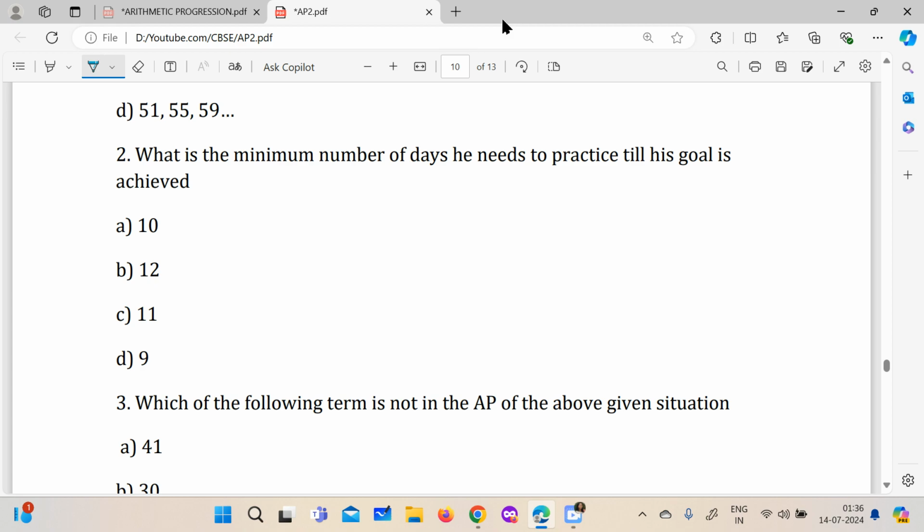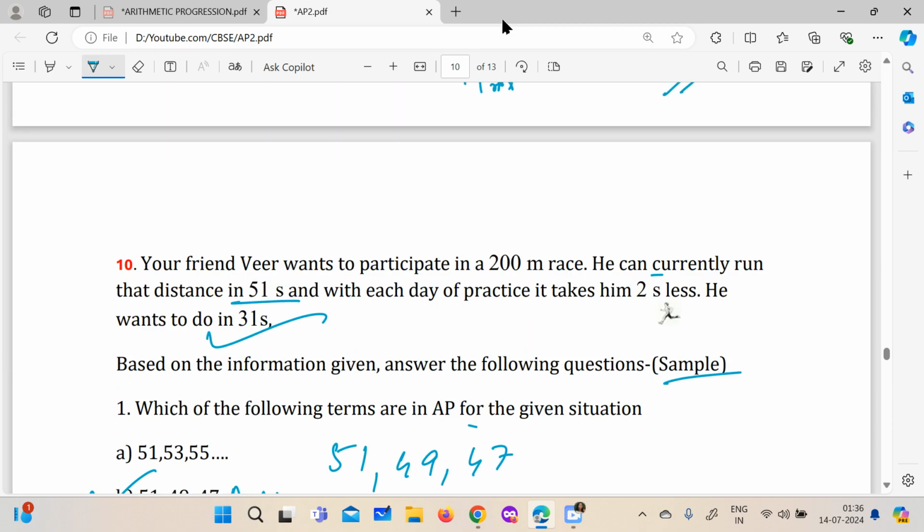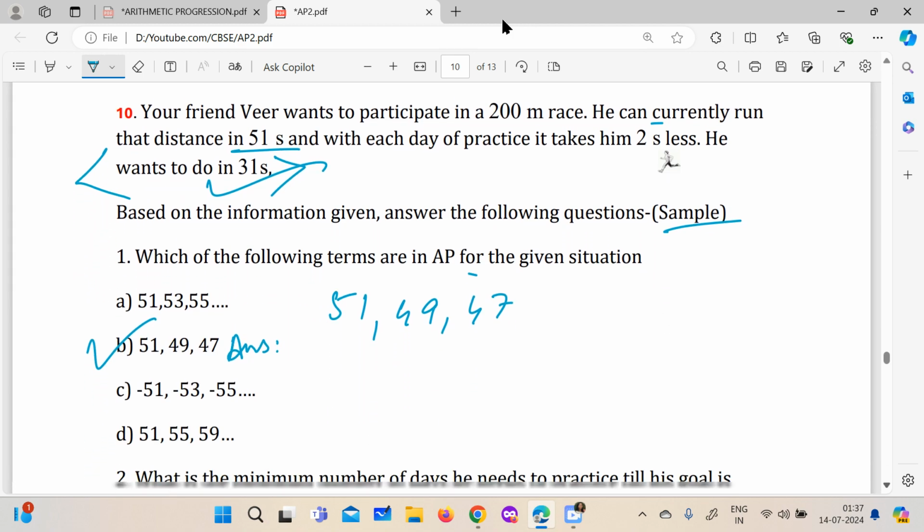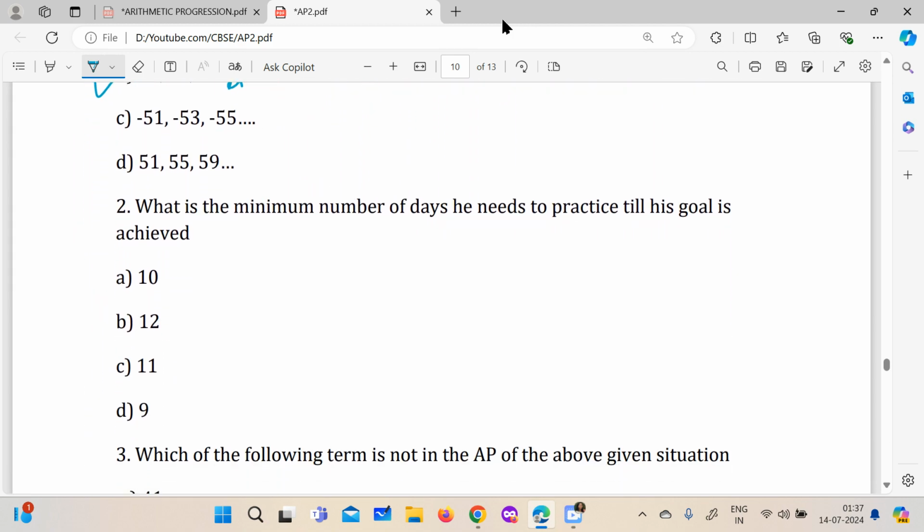What is the minimum number of days he needs to practice till his goal is achieved? It means how many days he should practice, because he wants to complete his race in 31 seconds. Look here, when he started practicing, it was 51, and then minus 2 is 49, and then 47.